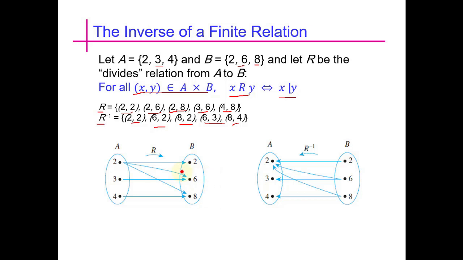And we see here that we have just reversed the direction of arrows when we are taking R inverse. So now 2 is related to 2, 6 is related to 2, and 8 is related to 2, and similarly the others.